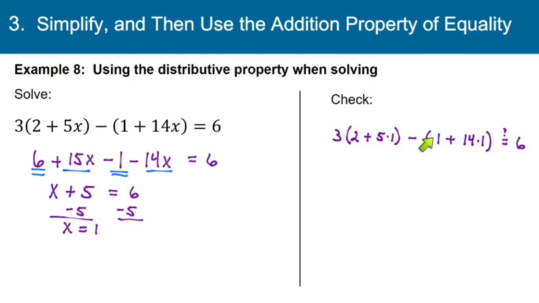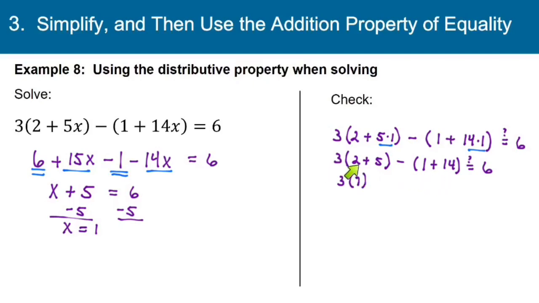Now we may as well go ahead and simplify the parentheses both at the same time, since they both seem to consist of a multiplication and an addition. Let's go ahead and do both multiplications on this first step. 5 times 1 is 5, and 14 times 1 is 14. And then inside the parentheses we can do the addition. Here 2 plus 5 is 7, and here 1 plus 14 is 15.